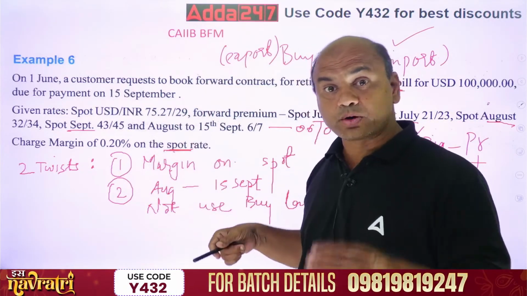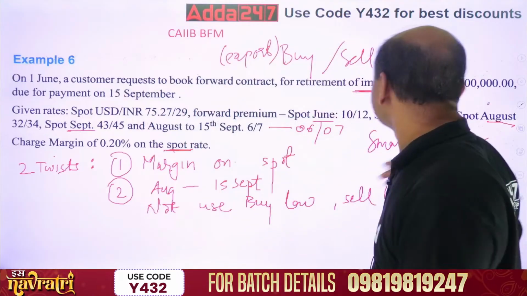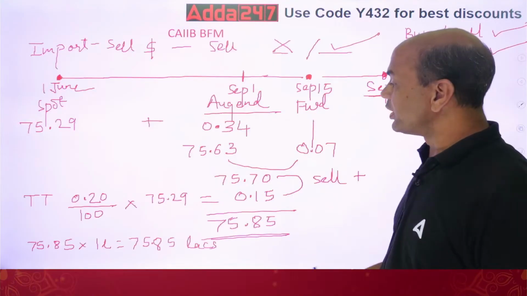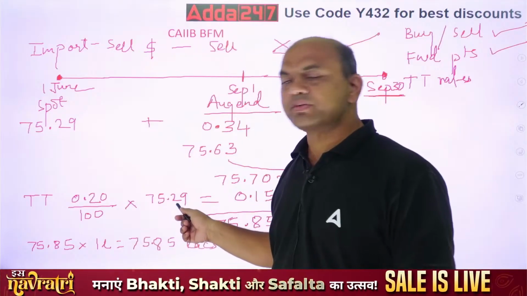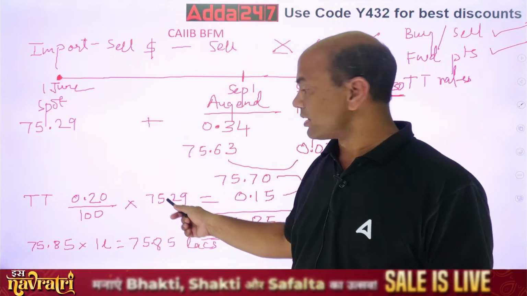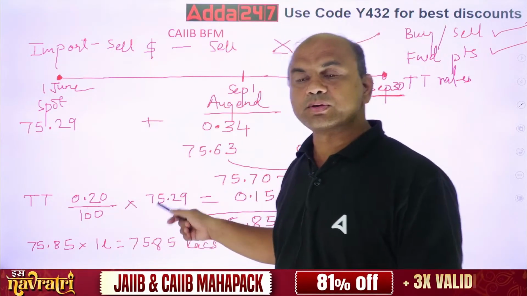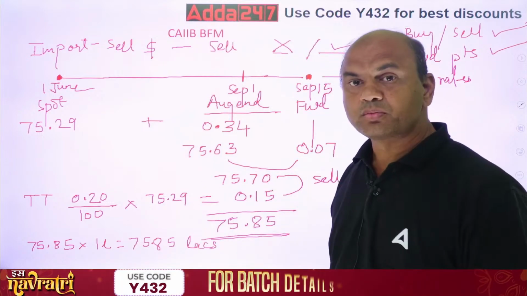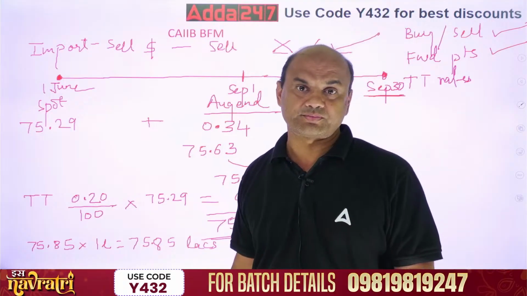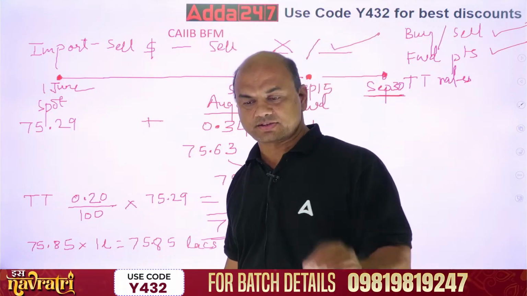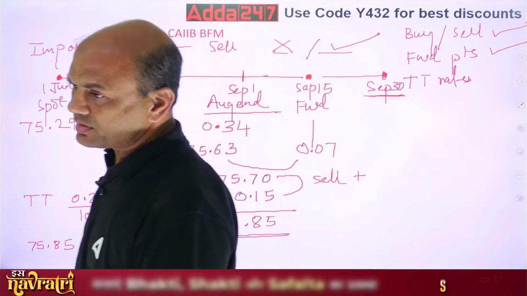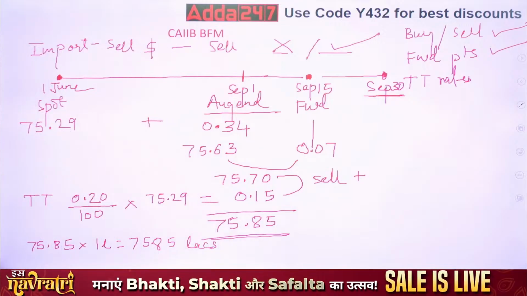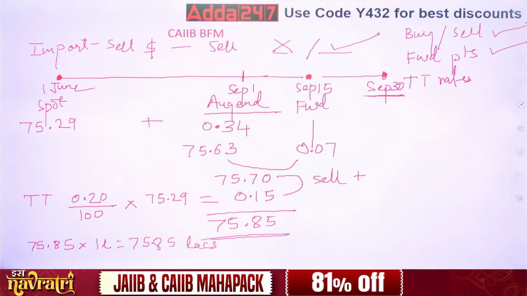So 0.2 divided by 100 into 75.29. Multiply this. You will be getting it as 0.15. Everyone try this. Everyone must know how to solve it.